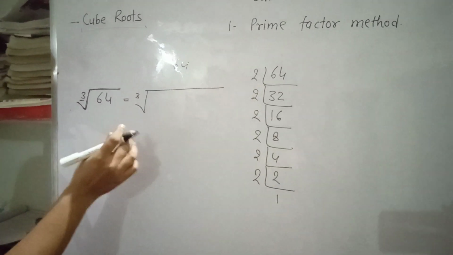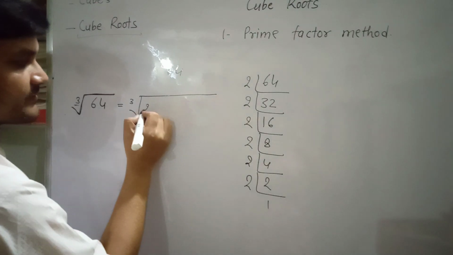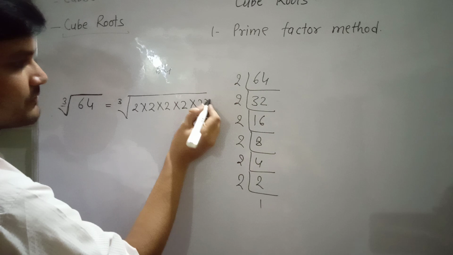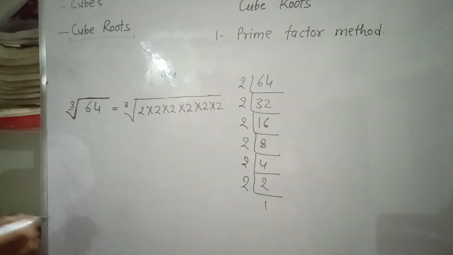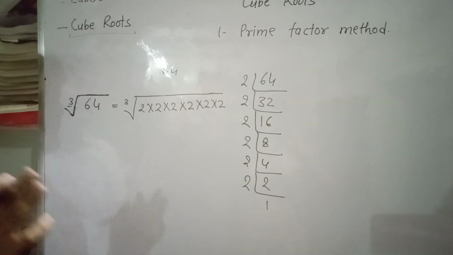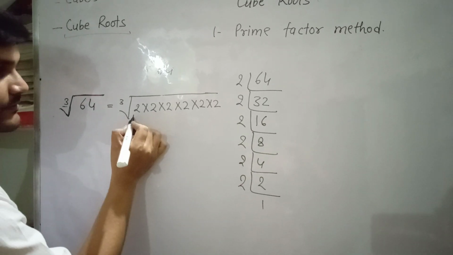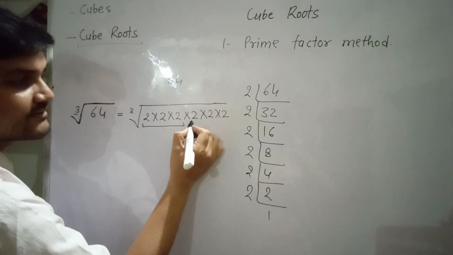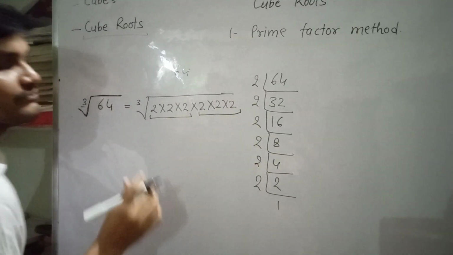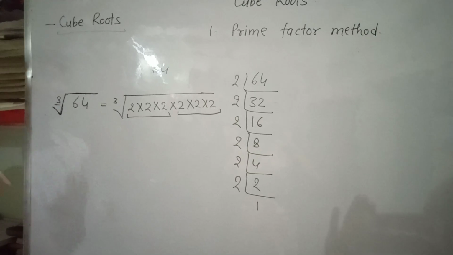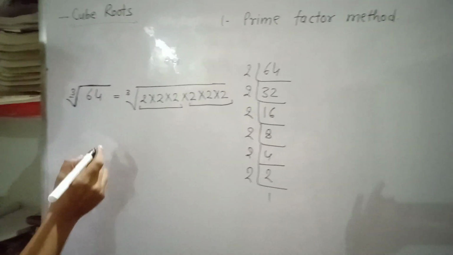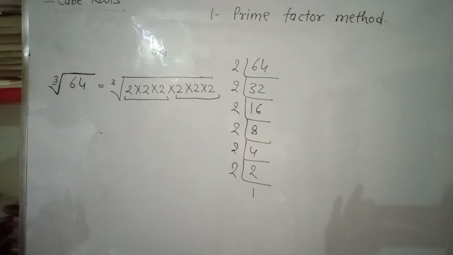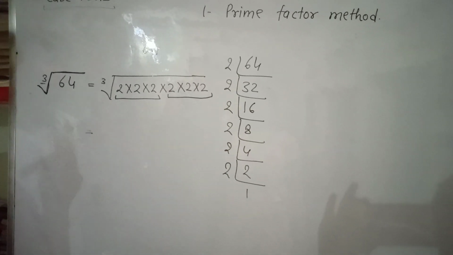Here we will write the prime factors. Here we will make groups of 3 numbers: 1, 2, 3, and then 1, 2, 3. So we have 2 groups of three 2s. Remember, here we make groups of 3 numbers, not 2.